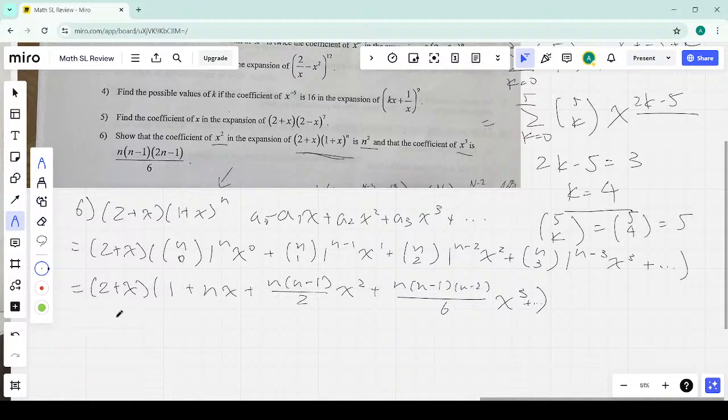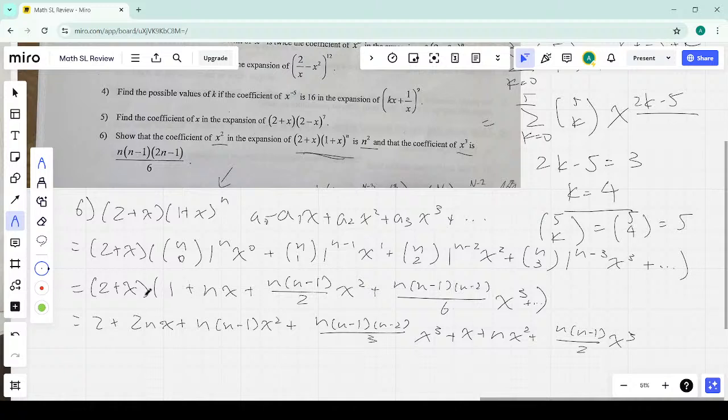I'll finish the expansion just so you guys can see. So I'll distribute 2 in first, so 2 plus 2n x plus n times n minus 1 x squared plus n times n minus 1 times n minus 2 all over 3, x cubed, plus I'll distribute the x in: x plus nx squared plus n times n minus 1 over 2, x cubed.